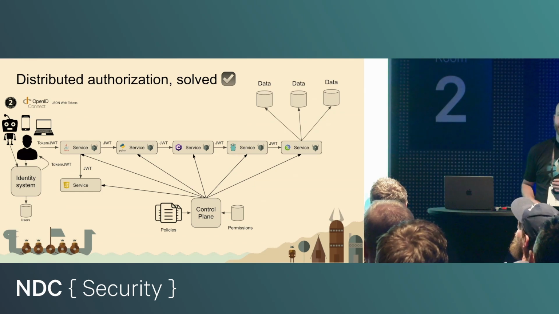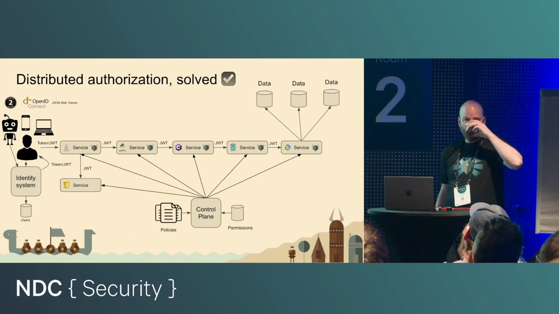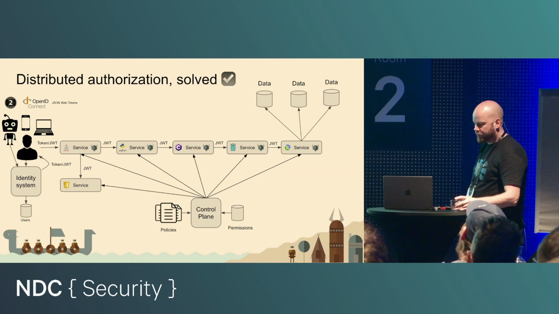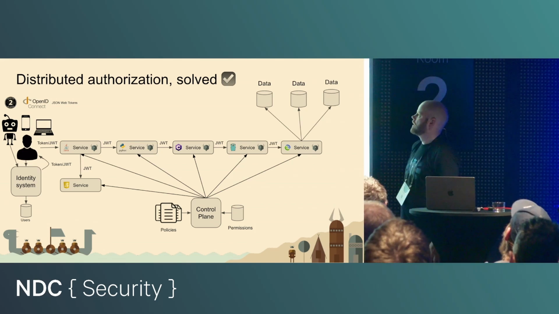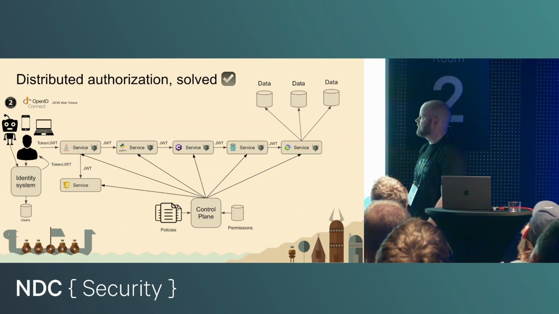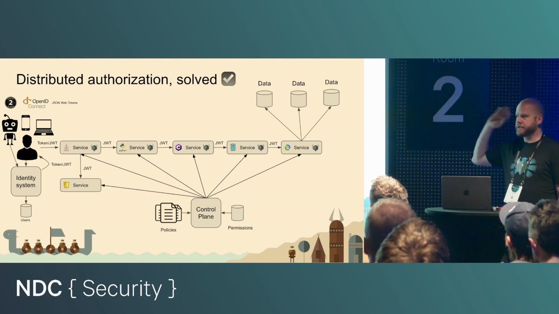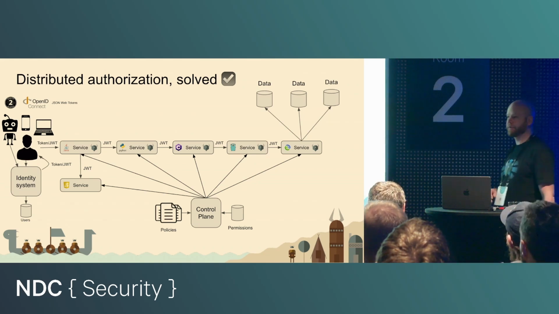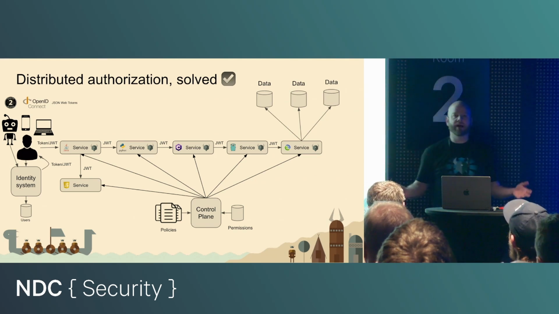Yes, Christian? If you have a more complicated policy where you need a lot of data to make decisions like relationships between objects, who would be responsible for that, service or OPA? Yeah, preferably OPA. Of course, we showed a trivial example of a policy, but there are policies that are like 5,000 lines of Rego.